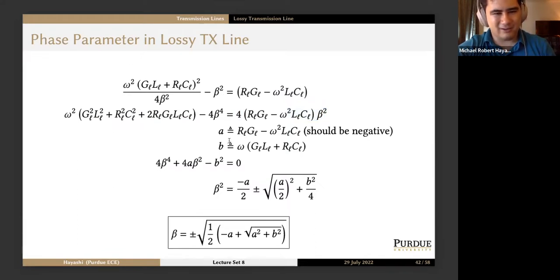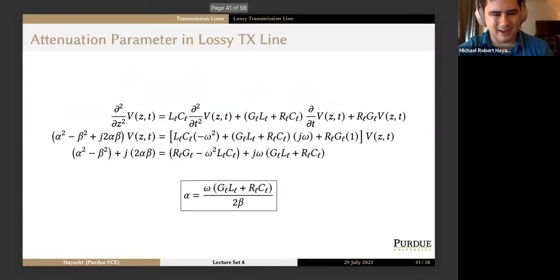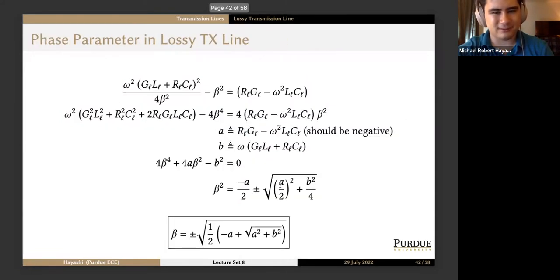And we're going to define A to be equal to this bit right here. It should be negative because we normally expect L_L C_L to be much bigger than the relatively tiny losses R_L and G_L. And then B is just going to be equal to what we originally had on this slide, this numerator of alpha.